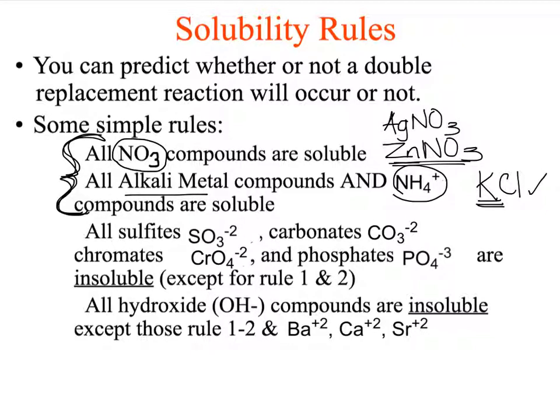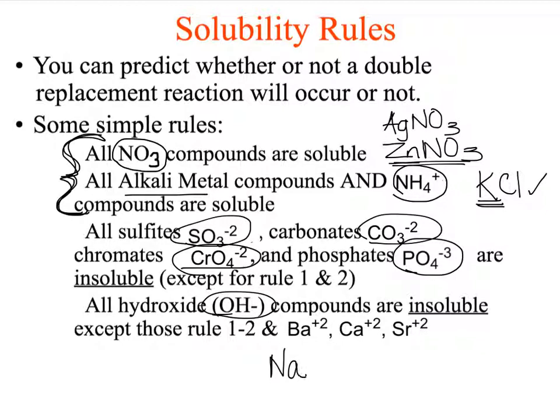On the other hand, here's just a list of a couple of things that do: chromates, sulfites, carbonates, phosphates, and hydroxides. All of those are examples of things that would, for the most part, form a precipitate. So if you were mixing, for example, let's say sodium sulfate with, let's just say, iron nitrate, would this react?